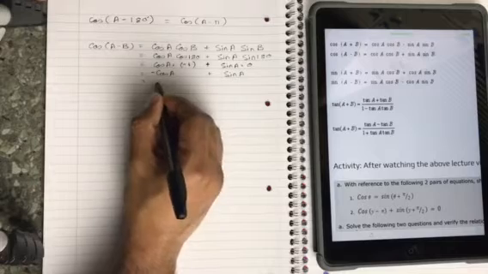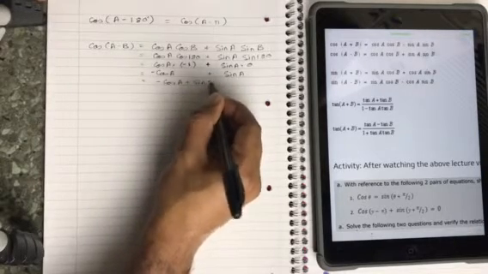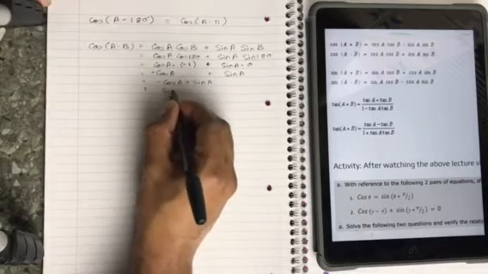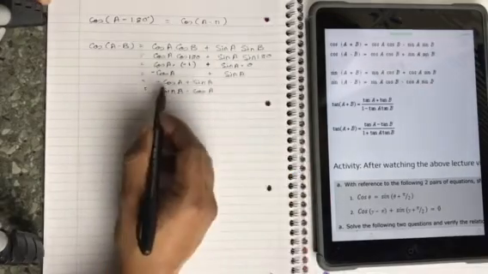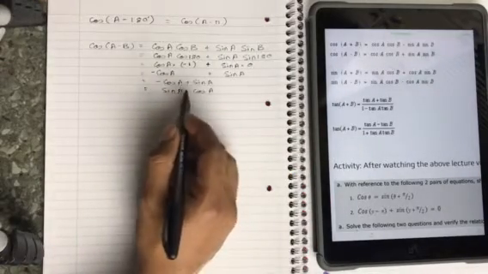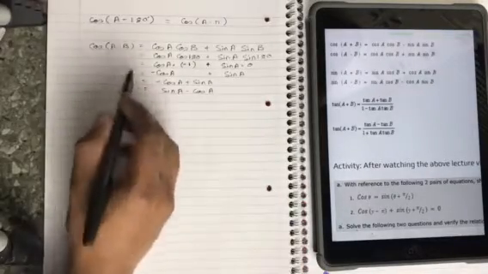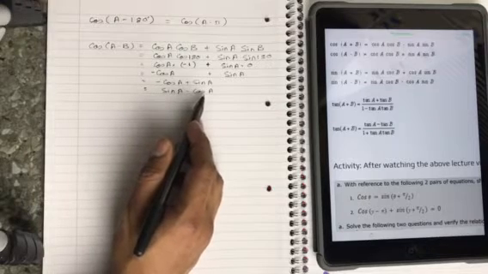I'm just going to write it down again, minus cos a plus sine a, or it can also be written as sine a minus cos a. It just looks neater because you don't really need to write a sign in front of the first expression. So cos of a minus b can be reduced as sine of a minus cos of a.